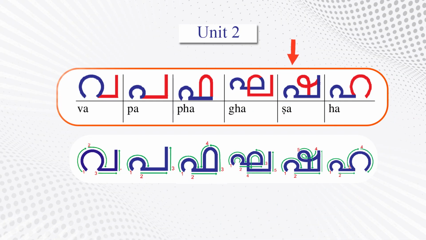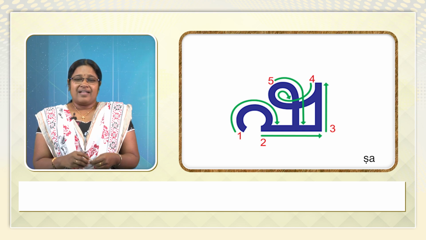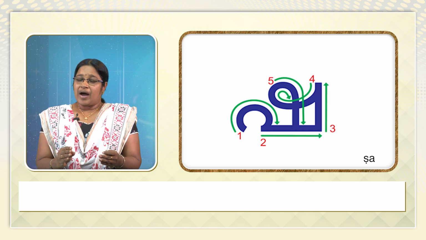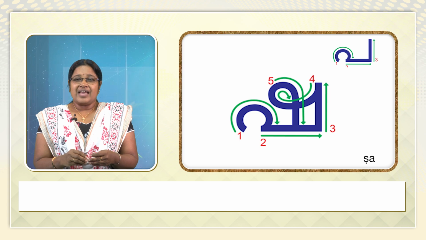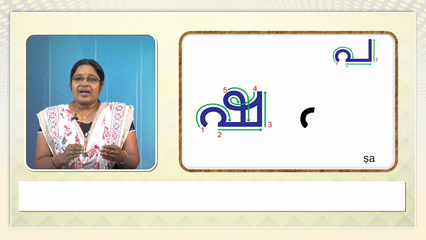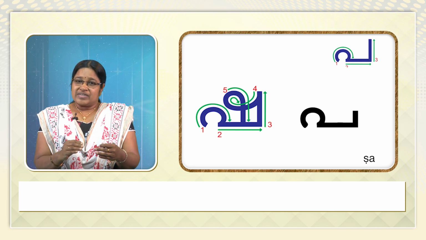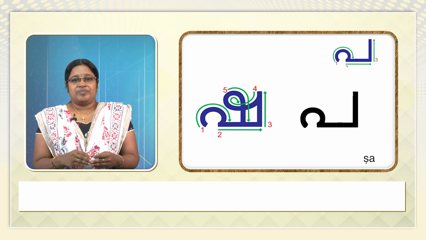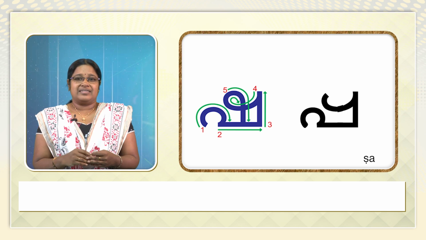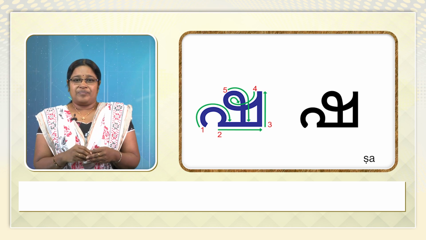This letter is Sha. As we wrote earlier, write the letter Pa first. Then, from the ending point of Pa, add a loop shape down towards stroke number 2, like this. It becomes the letter Sha.